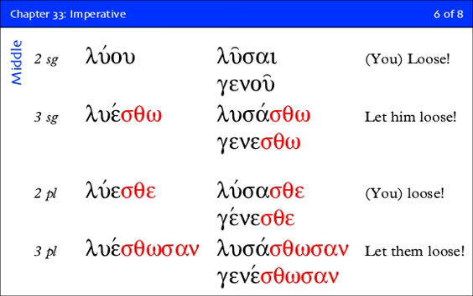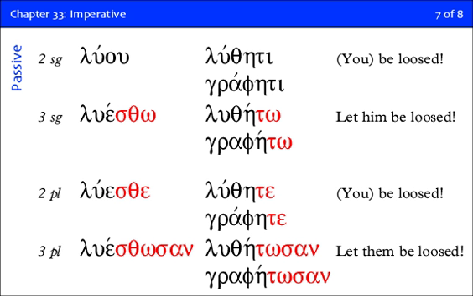But you have lusai, lusasto, lusaste, lusastosin. If it's a second aorist, genu, genesto, geneste, genestosin. And if you have a passive, in the present, middle and passive are the same form, so there's no difference there. Lu'u, luesto, lueste, luestosin.